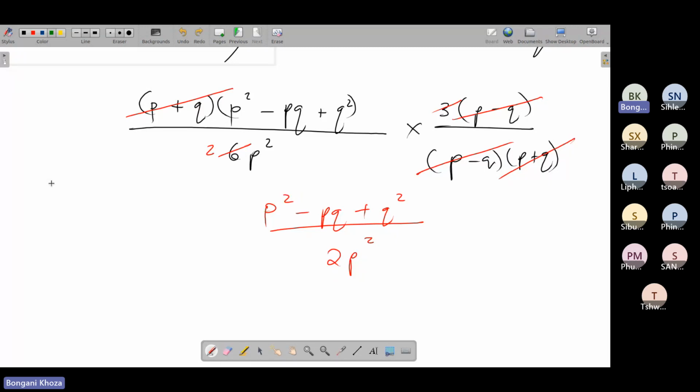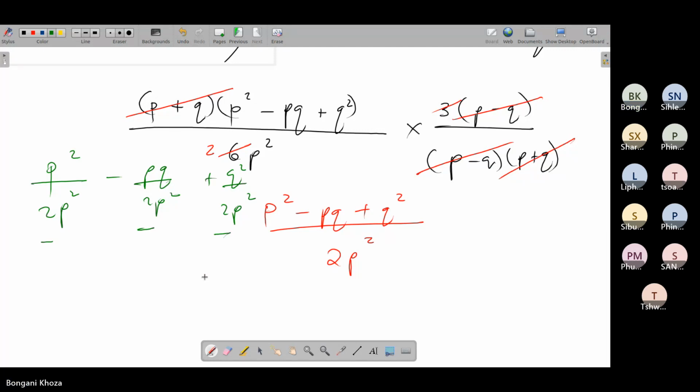Why am I saying this is 3 terms? This is p squared over 2p squared minus pq over 2p squared, plus q squared over 2p squared. So this is term 1, term 2, term 3. Does that one make sense?